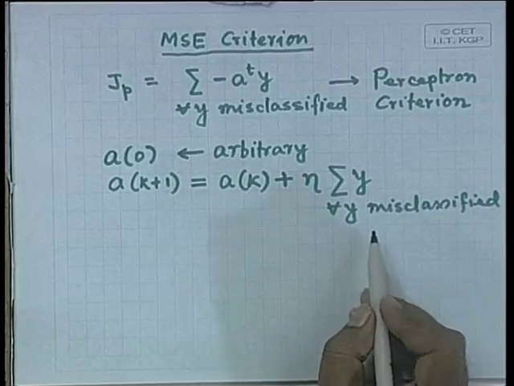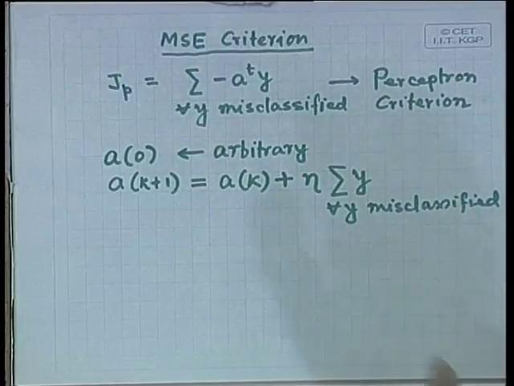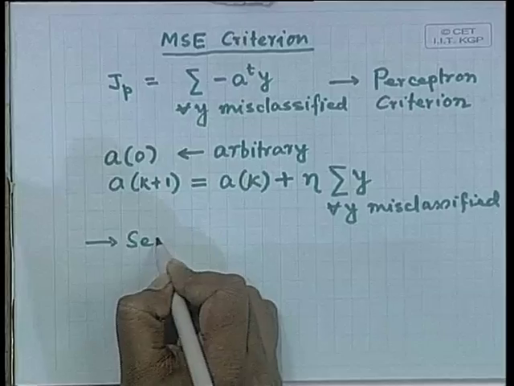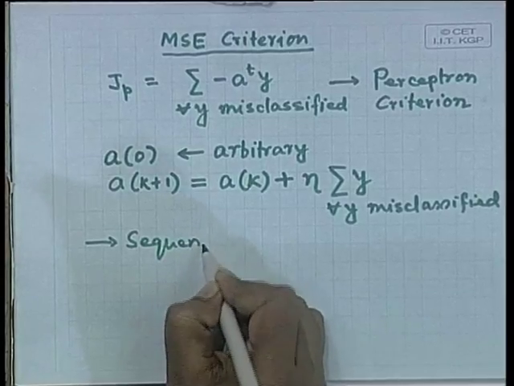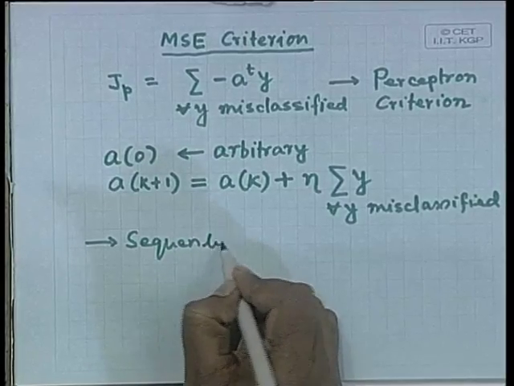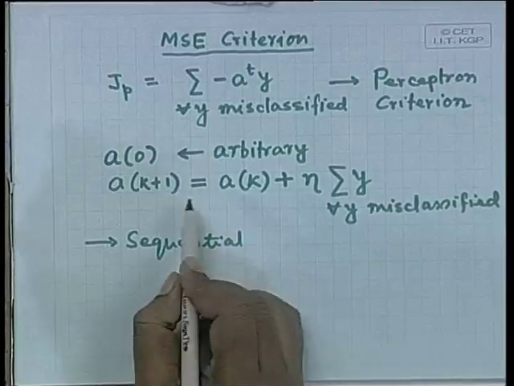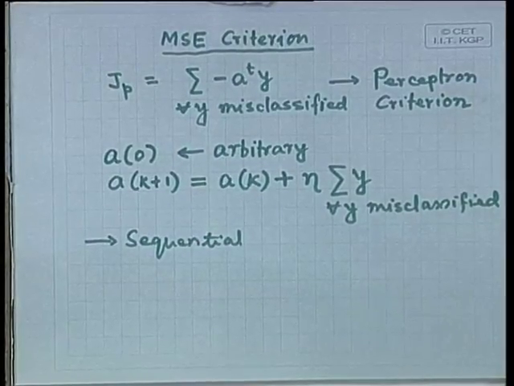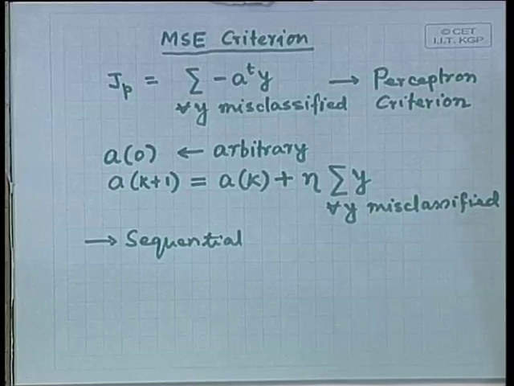And there we have seen the problem with this algorithm is that because we have to take the summation of all the misclassified samples, the amount of memory required for execution of this algorithm is quite high. So, we had a sequential version of this algorithm, where the first step, selecting A 0 arbitrarily, remains the same, and you take the samples one by one.